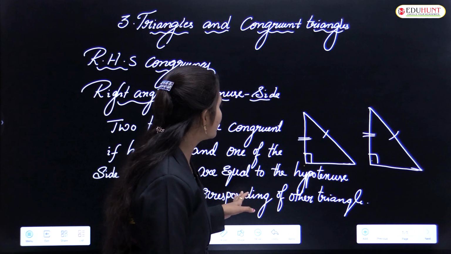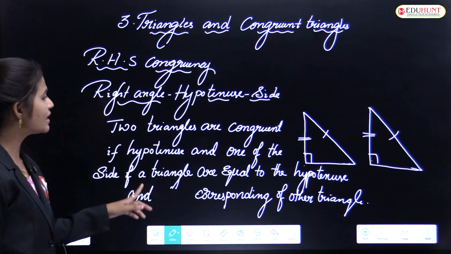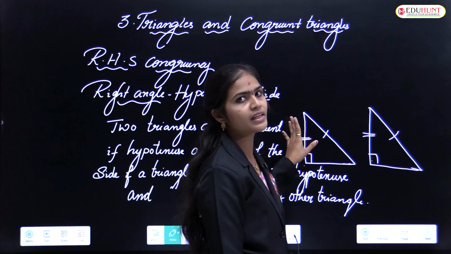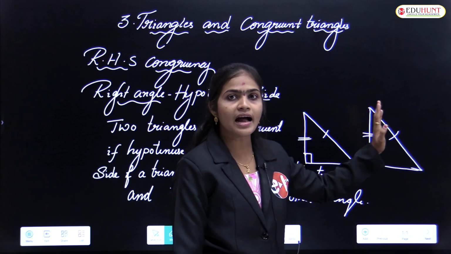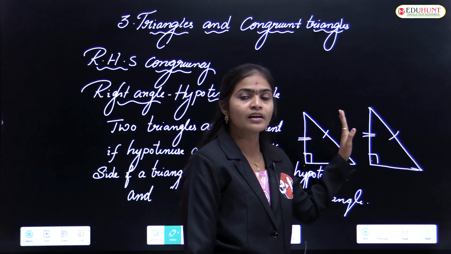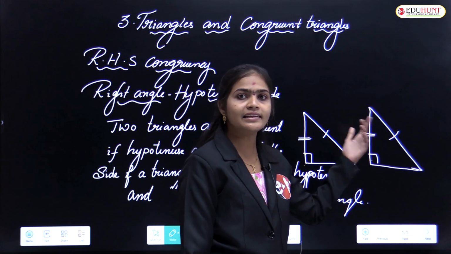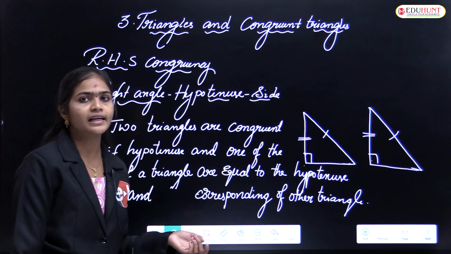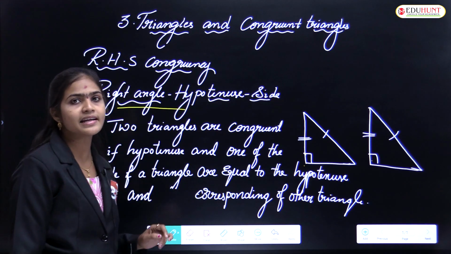Okay, so that's why we can say that two triangles are congruent if the hypotenuse and one side of a triangle are equal to the hypotenuse and corresponding side of another triangle. Okay, then we can say that those two are congruent according to the RHS axiom.